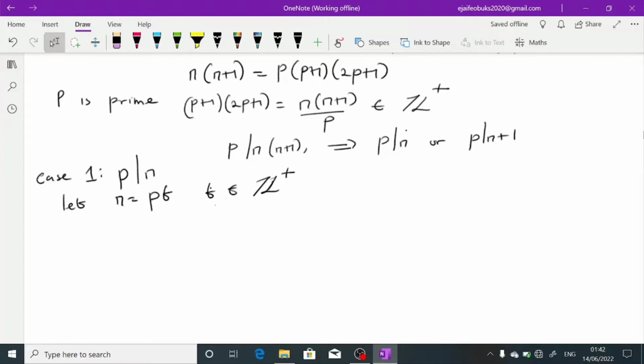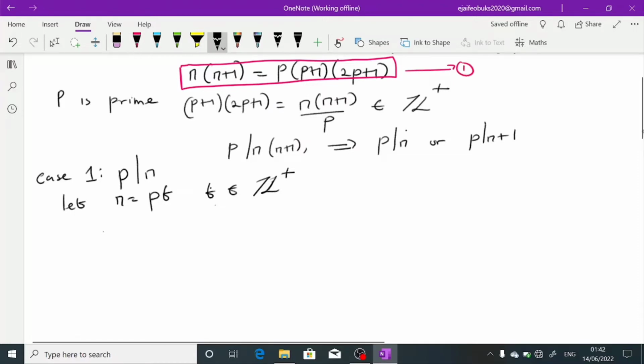So this initial equation, the one in pink, let's call this 1. Then we have pt times (pt plus 1) equals p(p plus 1)(2p plus 1).